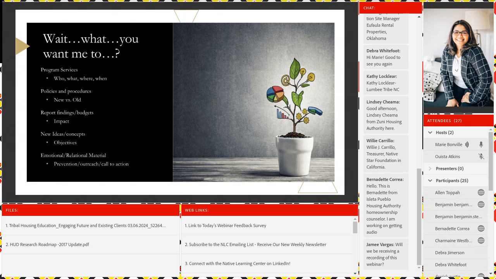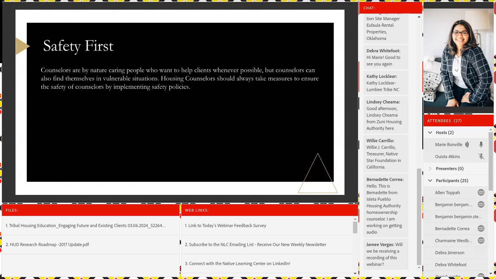That's an area that you can do, especially now with some of the energy information that's out there. You can do some prevention stuff, helping them to save on their energy costs and things like that. Outreach, maybe even a call to action to say, hey guys, we want your input, and ask them questions about the sorts of trainings they would want to see.